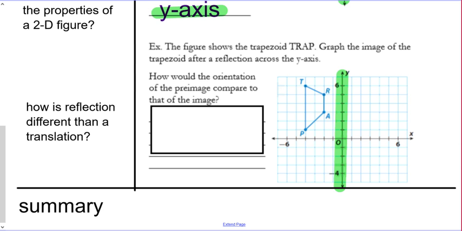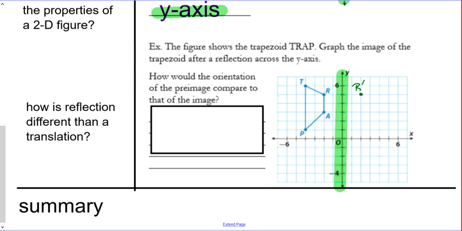Now I need to know, again, remember, same distance. So if R, we can see, is 2 away from the y-axis, that means when I reflect R, it has to be 2 away from the y-axis. I'm going to go ahead and reflect it. There it is. Okay. A, 2 away from the y-axis.